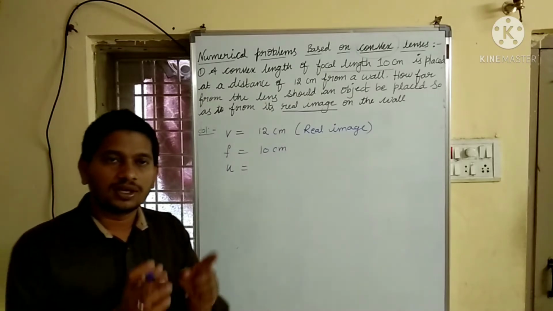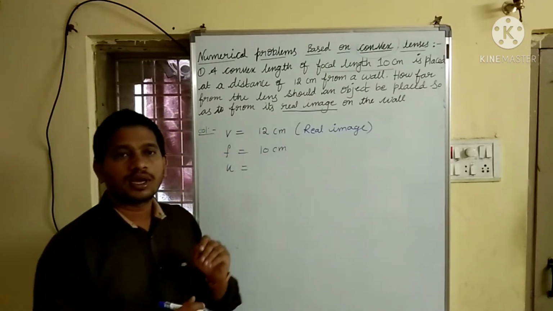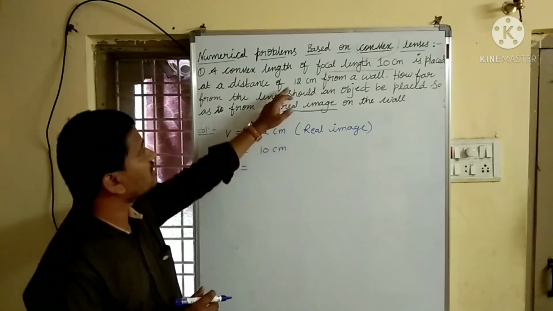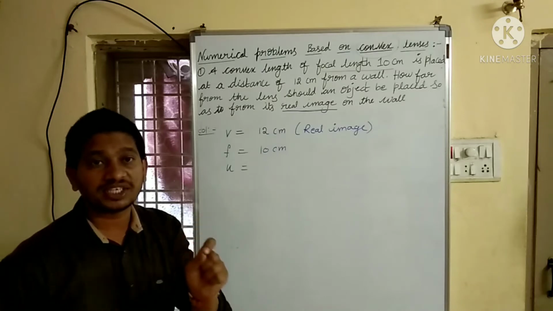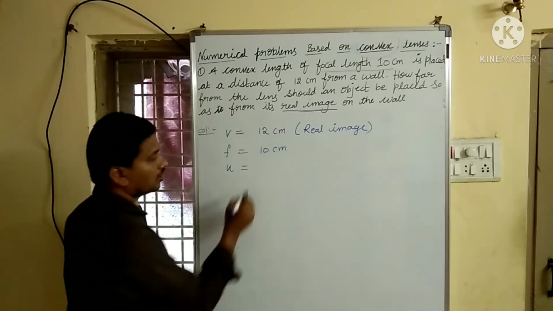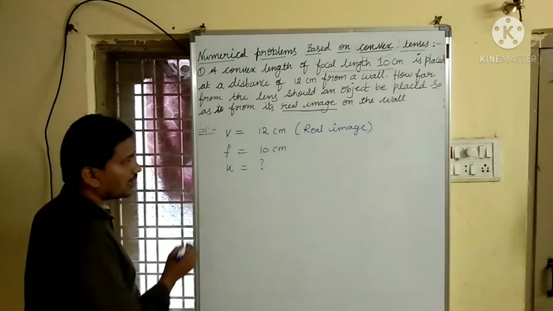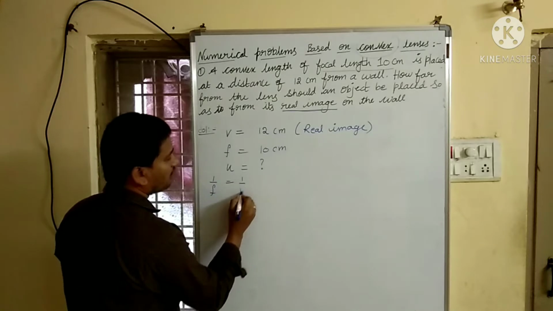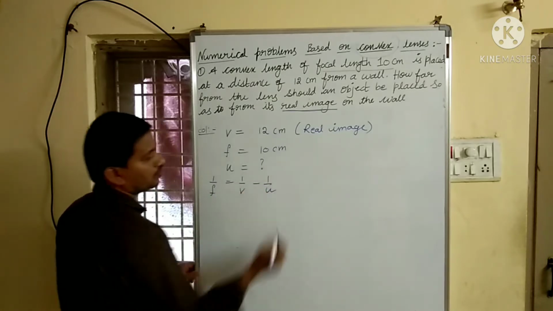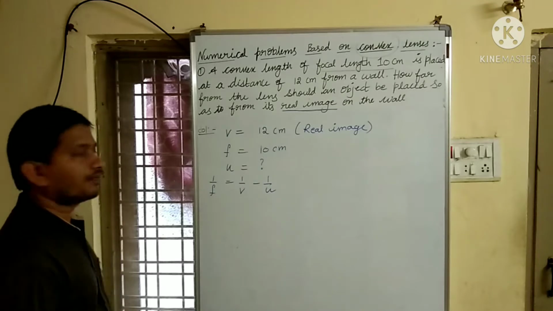What is the lens formula? We have the lens formula 1 by f equal to 1 by v minus 1 by u.